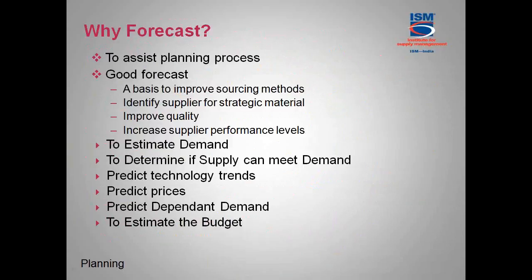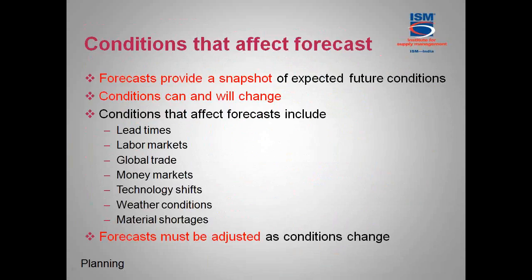Now, which are the conditions which affect the forecast? Mostly lead time. If lead time is more, you can get a very bad forecast. Labor markets are very important, particularly for the manufacturing industry. If labor is available, then you can make the costing very favorable to the customer.